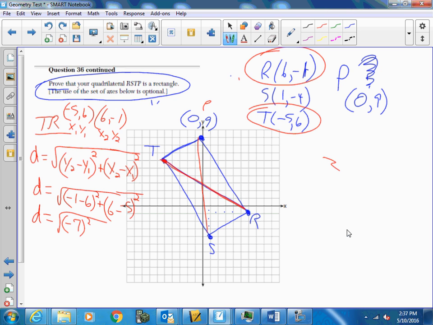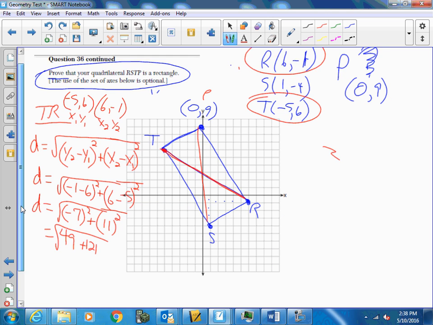I'm getting students that have negatives under the radical. It should not be that way because you're squaring it. You should never get negatives in this formula under the radical. And then you have 6 minus a -5, which is 11 squared. Once you square -7, you get 49 plus 121, square root. Don't forget that.